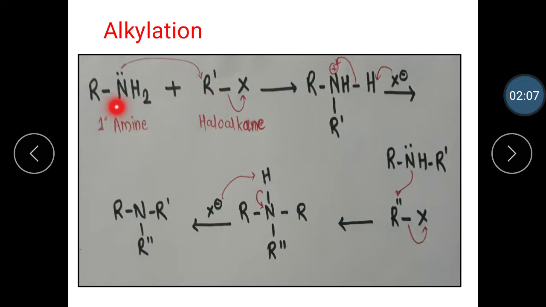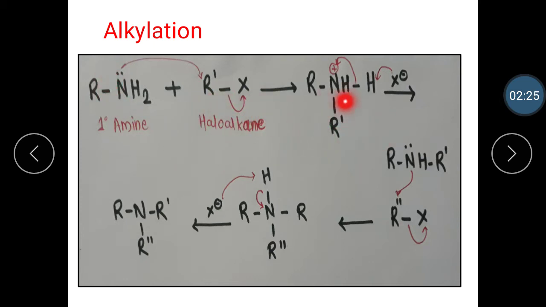This nitrogen donates its lone pair of electrons to this R dash, so a bond forms between this nitrogen and the R dash group. Then the new structure is formed, RNH2 with R dash combined with the nitrogen, and the halogen leaves.